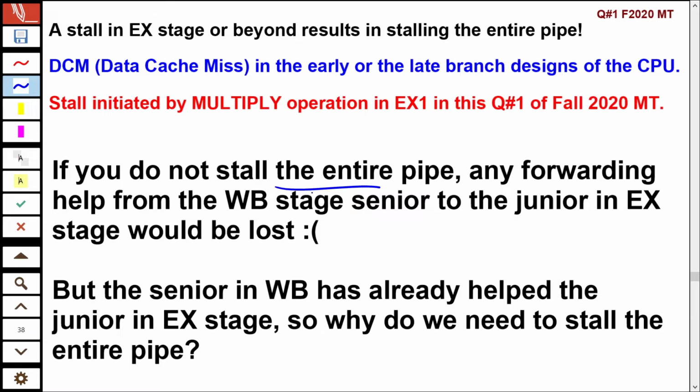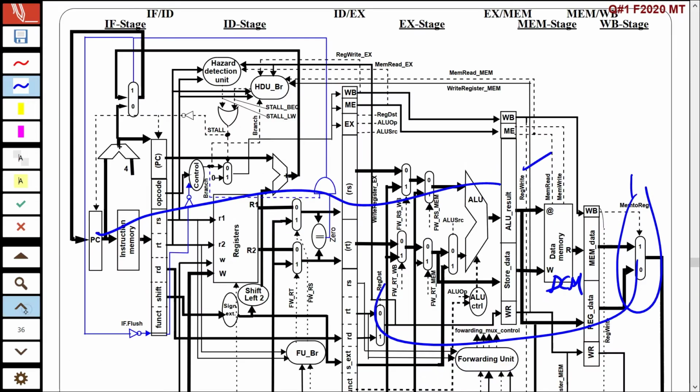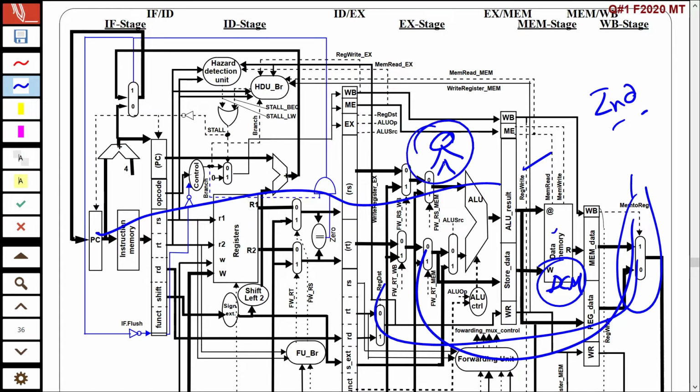So stalling the entire pipe again, I keep missing a point here. DCM, if I don't stall, some students will say, in the first clock he helped, why do you need the same thing in the second clock? So they are assuming that this guy is like a human who remembers the value that he was helped.